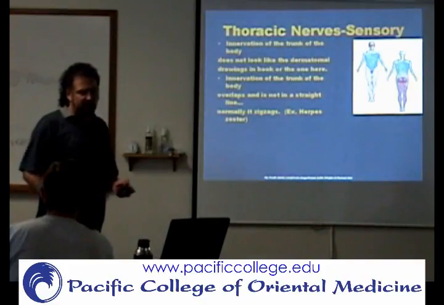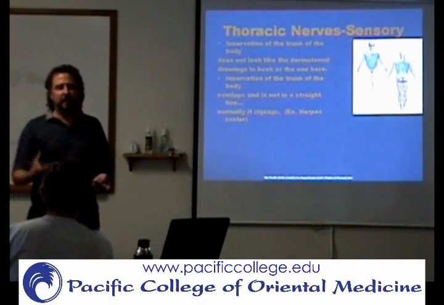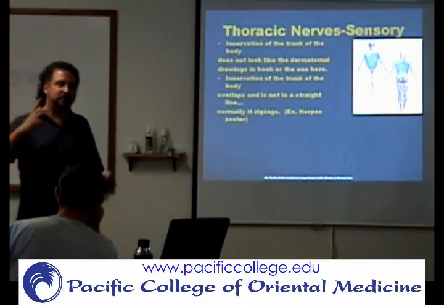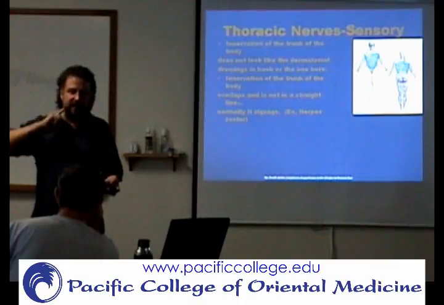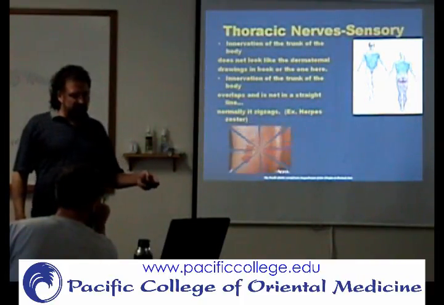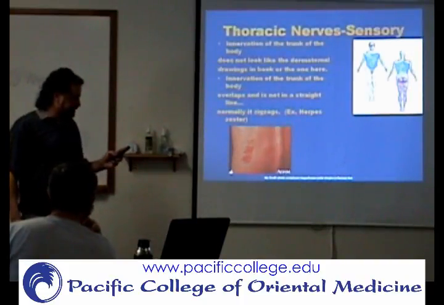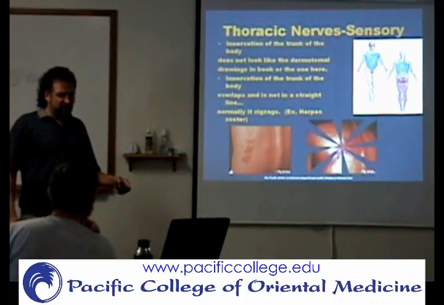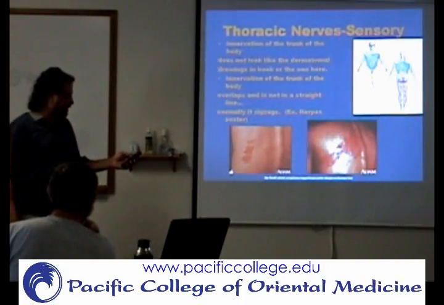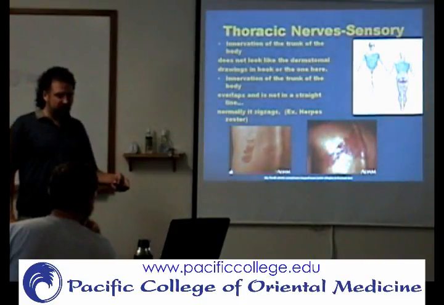But you're not going to be doing so much with dermatomes, because usually when we're evaluating nerve roots, you're talking about disc herniations, things like that, and most commonly brachial plexus and lumbosacral plexus. But just understand the basic process that you do have dermatomal areas on the thoracic spine, on the torso. As you can see here, when you have herpes, it follows the path of the dermatomal nerve root.